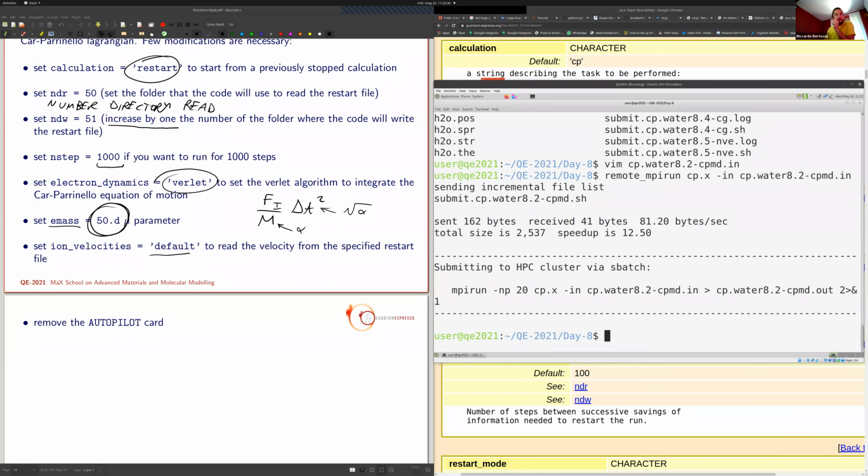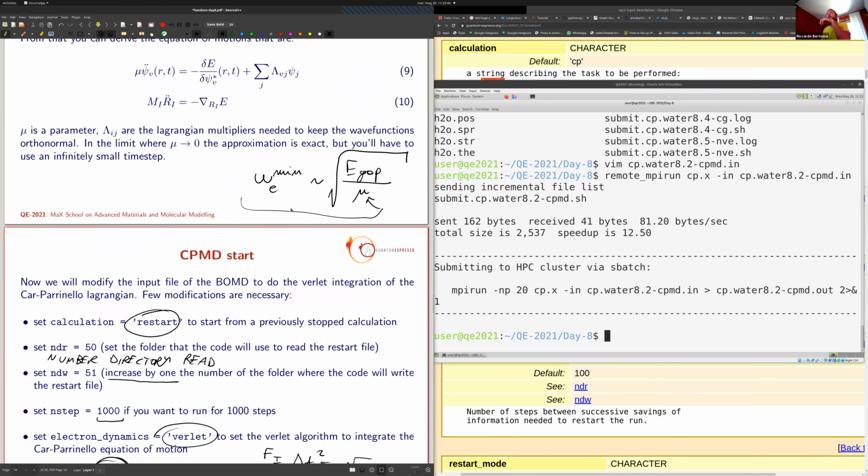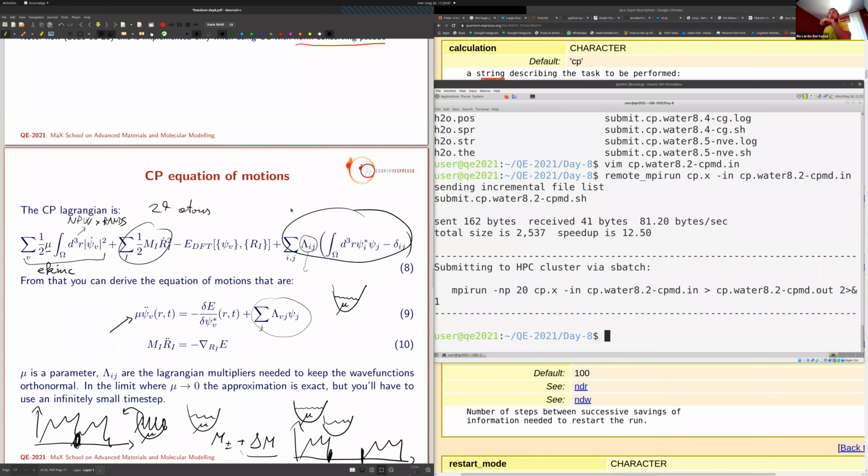Okay, somebody asked what is K nuclei. Maybe I did not explain it well enough. Okay, the DFT is this one, the DFT of the previous slide.